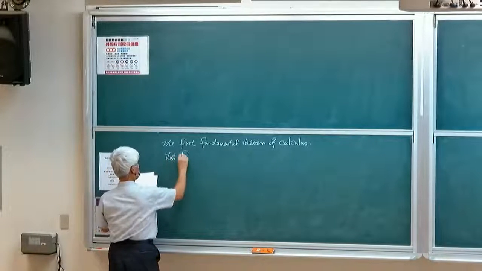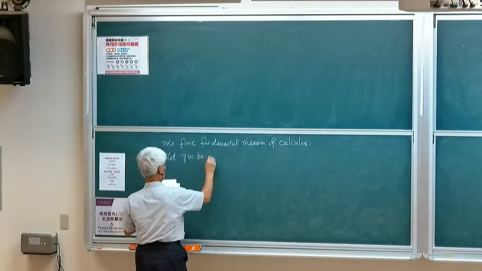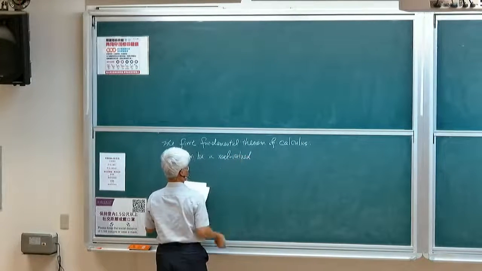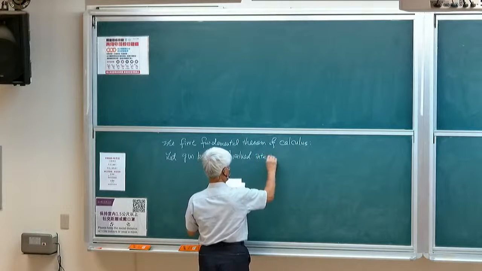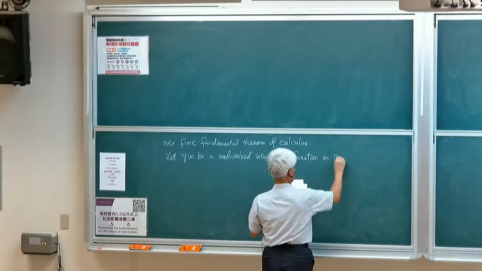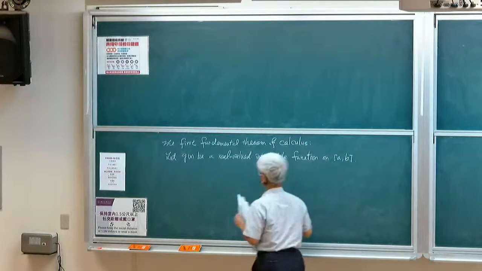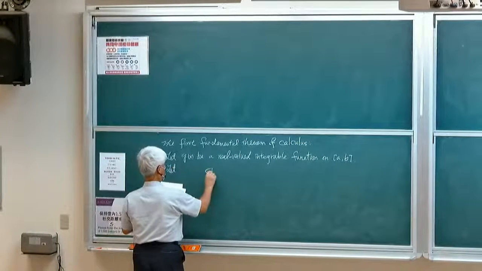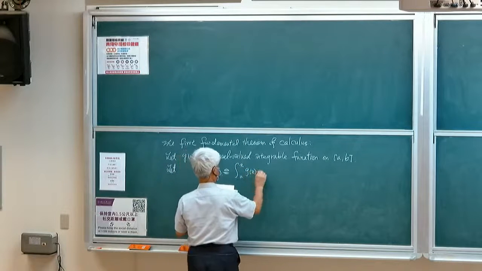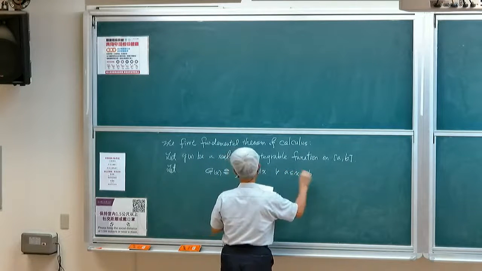So let g of x be a real valued integrable function across interval AB, and let g of x be defined to be the integral for all x from A to B. Okay.